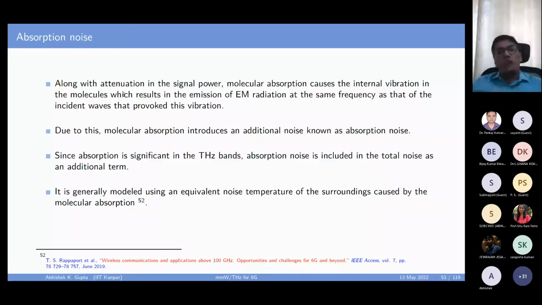Okay, so they absorb the signal from the transmitted signal or already present signals, and then they emit that, and because of that this absorption also provides additional noise, which we call the absorption noise. So we need to include this factor again in terahertz bands, so that the effective noise increases beyond the Johnson-Nyquist noise.